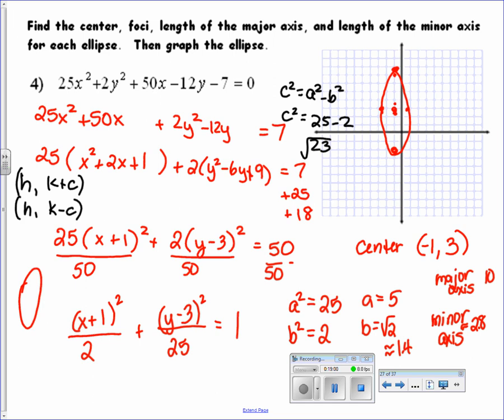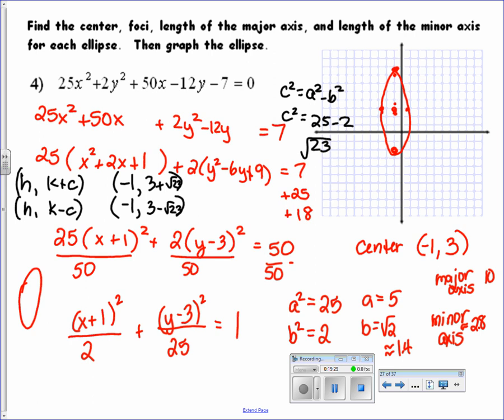Now to get my foci, my h is going to be the same number from my center, -1 for both of them. Then I'm going to have my 3 from the center, from the k, but one of them I'm going to add the square root of 23, and the other I'm going to subtract the square root of 23. And that would be my foci.